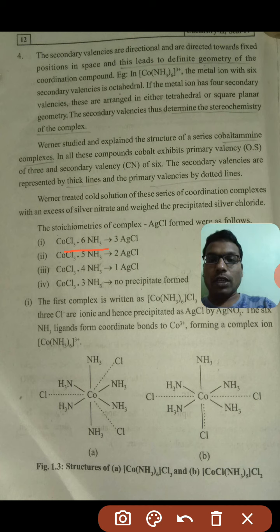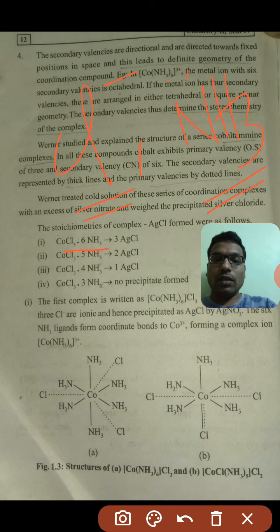Cl minus is the chlorido ligand, and NH3 is the amine ligand. So there are chlorido ligands and also amine ligands. Next, this is the stoichiometry of the complex.